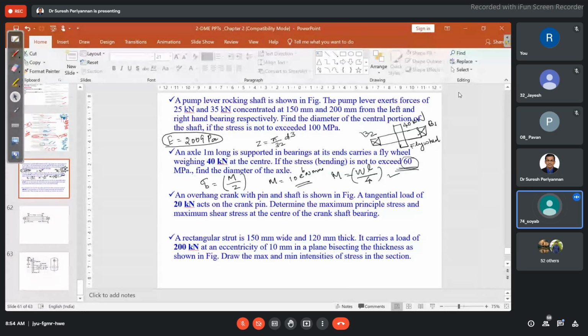No, sir, it is not suitable. The deflection is coming to 0.41. Yeah, 0.4 mm. Then should our diameter be bigger than the diameter designed based on stress, or less than that? Sir, it should be greater. Yeah, it should be greater.